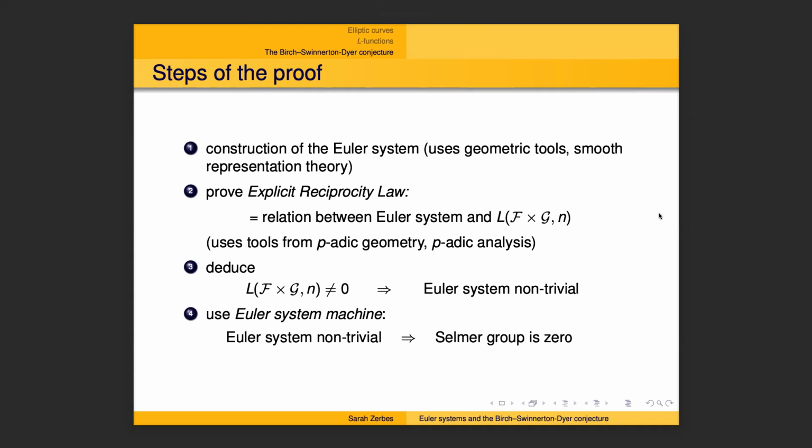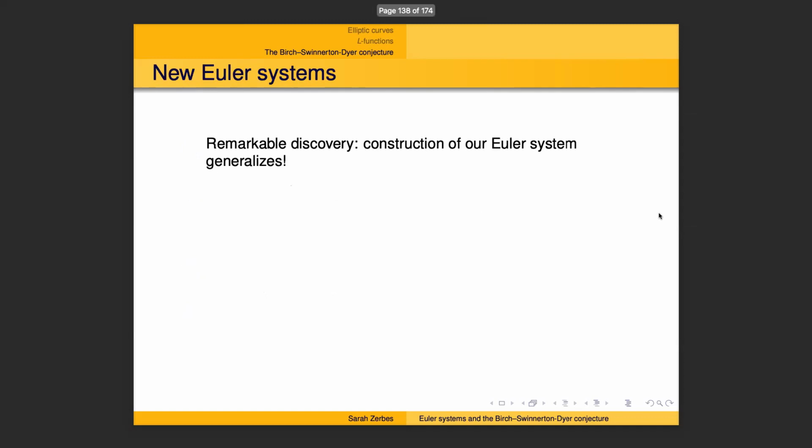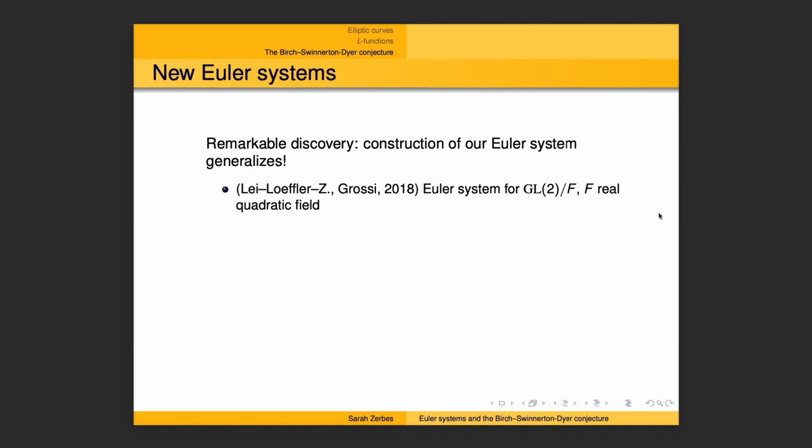So, okay, that's the story of that Euler system. To our great surprise, our construction of the Euler system generalized, and it generalized hugely. For example, in 2018, with Loeffler, and our construction was later refined by my student Giada Grossi, we constructed an Euler system for GL2 over F, where F is a real quadratic field.